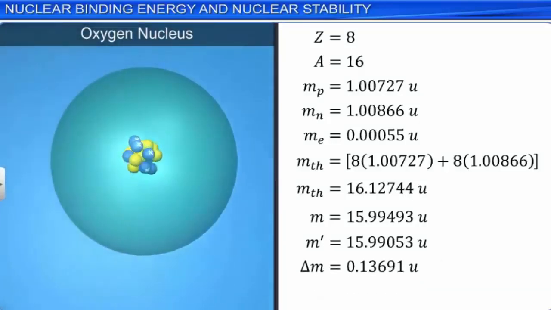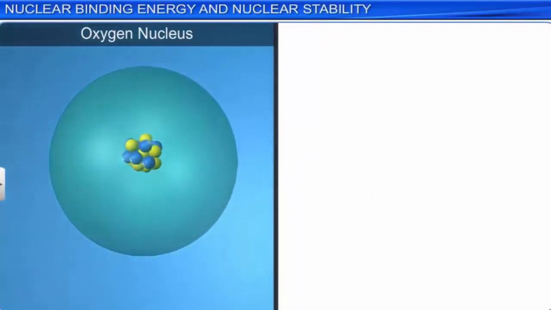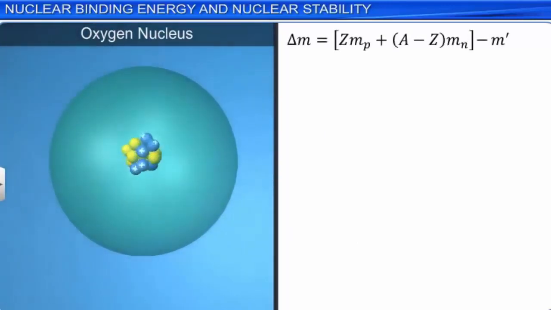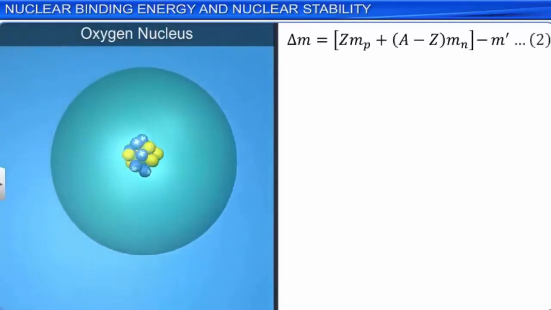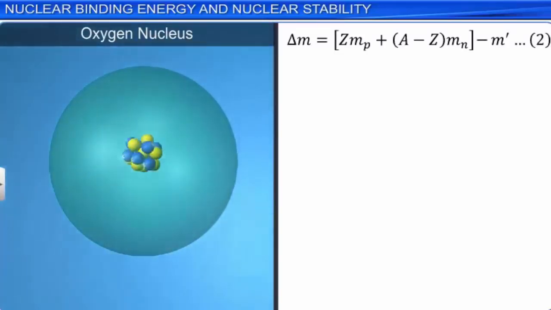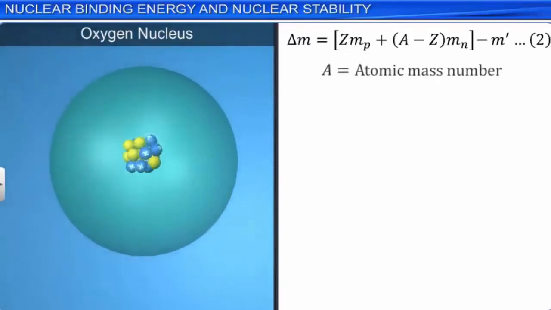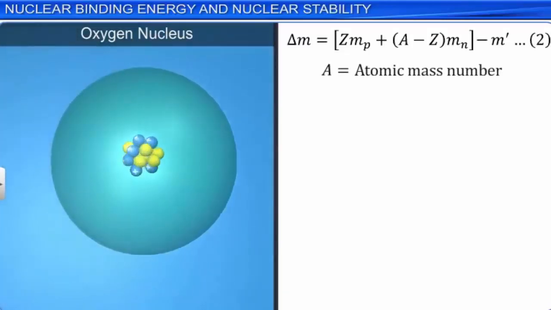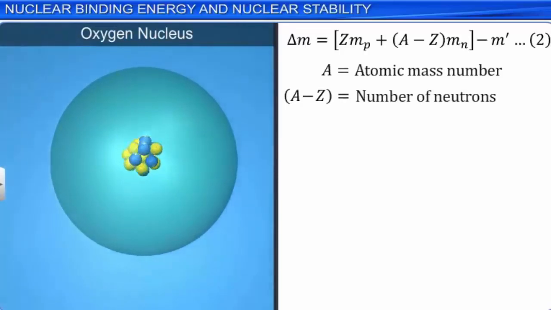Mass defect delta M for a nucleus can be determined by equation 2 as shown, where Z is the atomic number of the element, A is the mass number, A minus Z denotes the number of neutrons in the nucleus, Mn is the mass of each neutron, Mp is the mass of each proton, and M' denotes the actual mass of the nucleus.